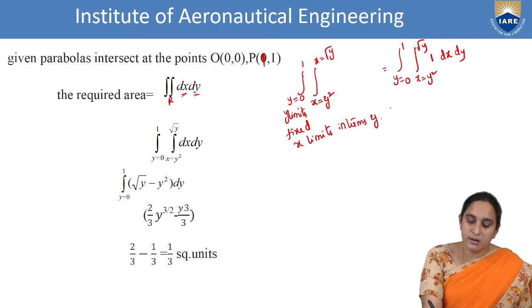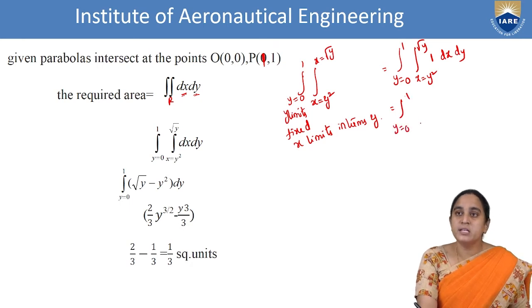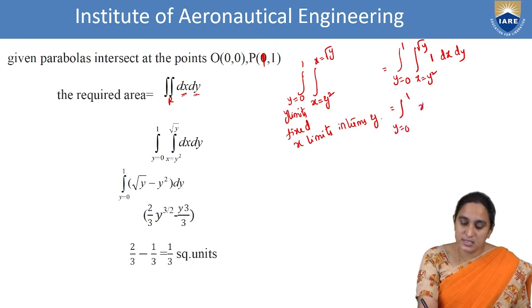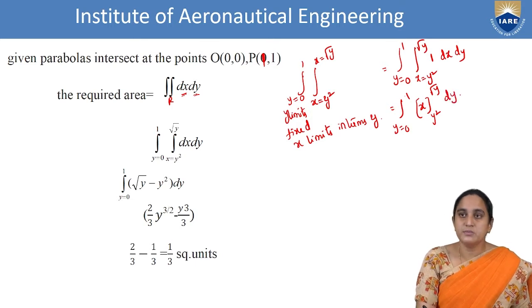From that, integrate first with respect to x, that is the integral of y from 0 to 1. The integration of 1 with respect to x is x, then the limit points of x are y squared to root y, dy.